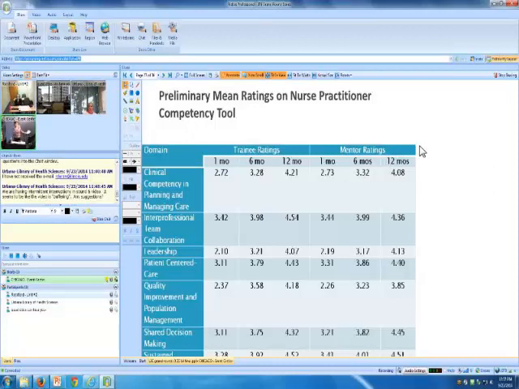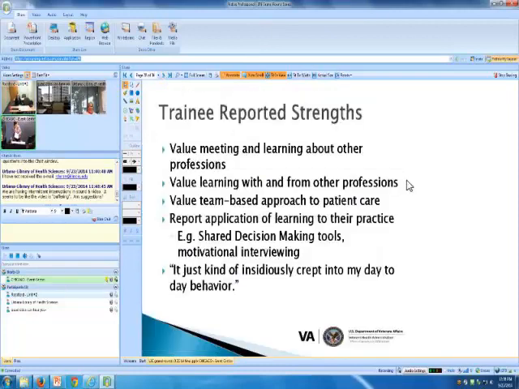Basically we've certainly had progression throughout, and we're also doing a qualitative analysis from the information that we've gotten from their 1 month, 6 month, 12 month self and preceptor rating. So we're in the process of writing those up.